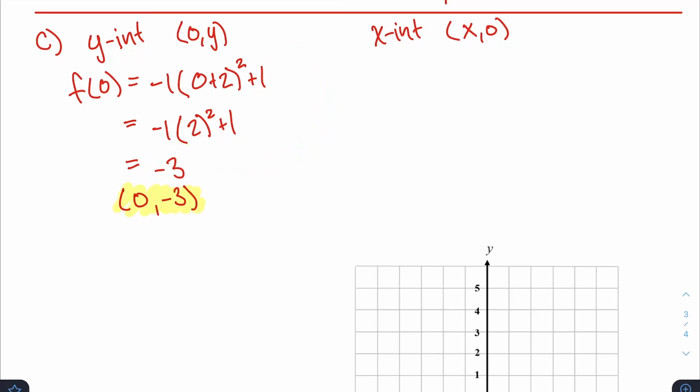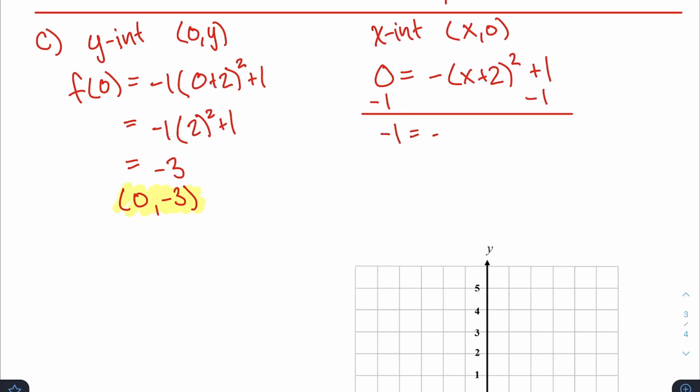Now, for my x-intercept, I do the opposite. Instead of plugging in 0 for x, I plug in 0 for y, or in other words, I set the whole thing equal to 0. Again, there's a variety of ways you might solve this. One way we can solve this is by isolating x. I can start off by subtracting 1, giving me negative 1 is equal to negative x plus 2 squared. If I divide the left and right by negative 1, I'm left with 1 is equal to x plus 2 squared.